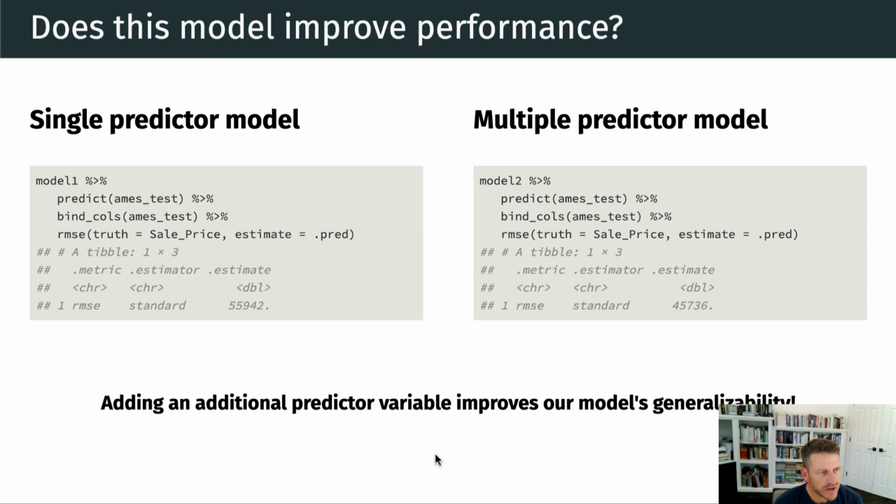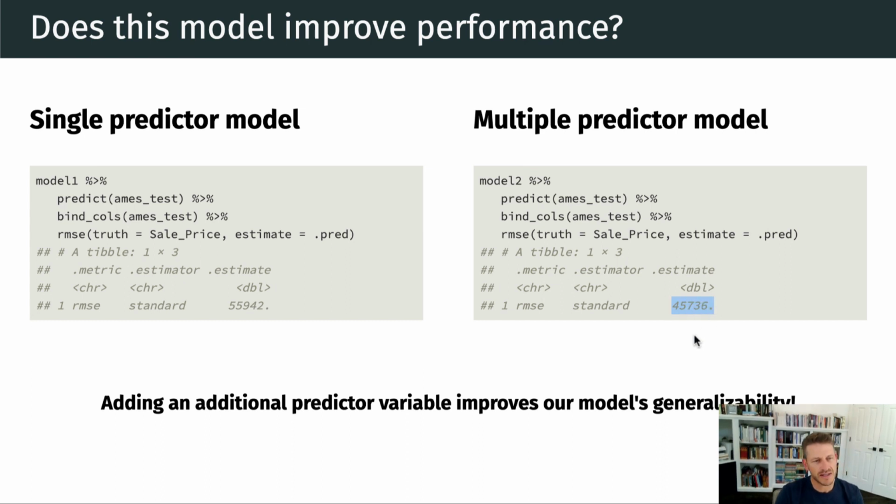So does this model actually improve performance? Well, we can follow the same pattern we did before, where we compute the RMSE of our single predictor model, which we see was $55,942. If we take model 2, which is the multiple predictor model that we just created, our RMSE on our test data moves down to 45,736.